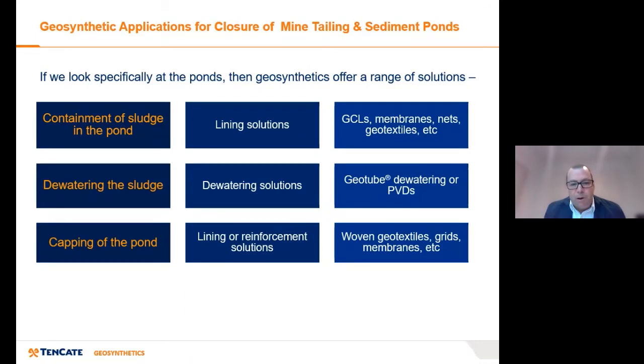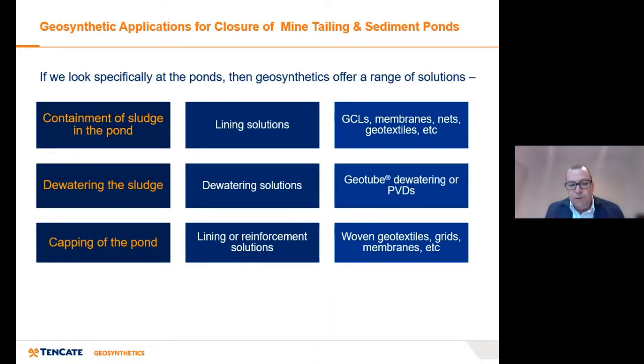And then when the pond is in use, you may want to be dewatering it, removing the sediment or sludge from the water. So you can use geotube dewatering, and occasionally, if you're more towards the end of life, you might be looking to dewater it using PVDs perhaps. And at the end of the useful life of the pond, you may wish to come back and cap it, and that's where we'll be talking today.